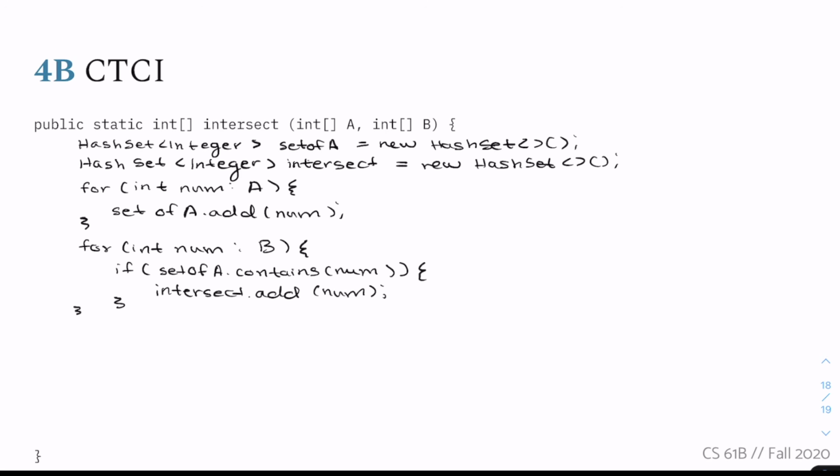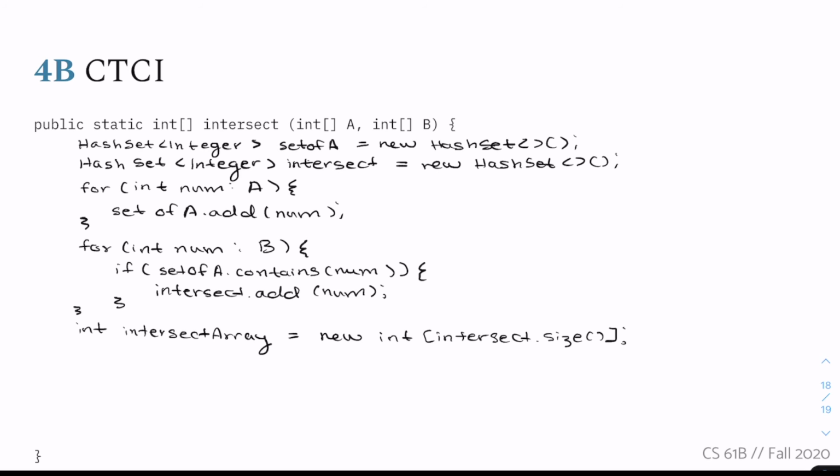And now the rest of this is going to look very similar to our previous thing, where we will just create a new array with the size based off of the set size. So intersect array equals new int intersect dot size.